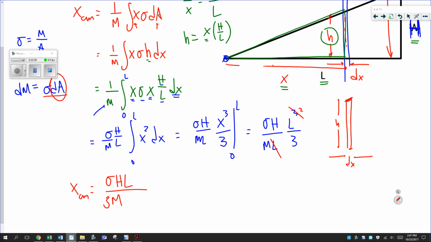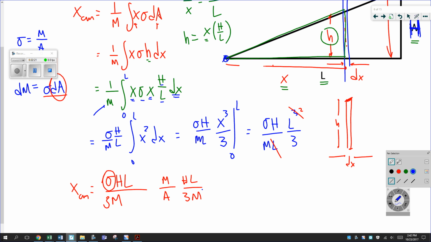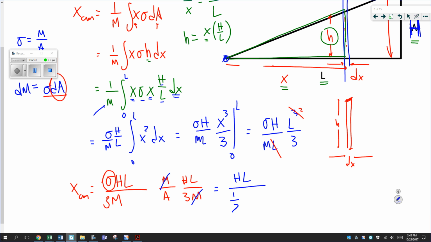Well, sigma over m. Sigma is mass per unit area, that's this part, times H L over 3m. So we can ditch the mass. Now A is 1/2 base times height.